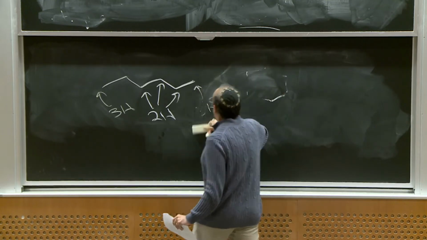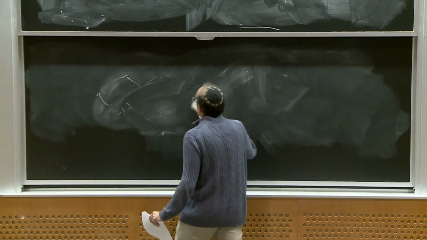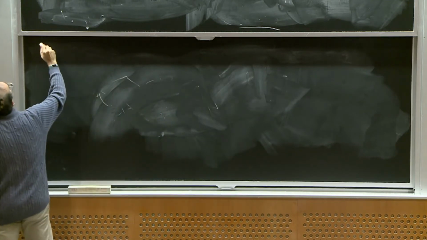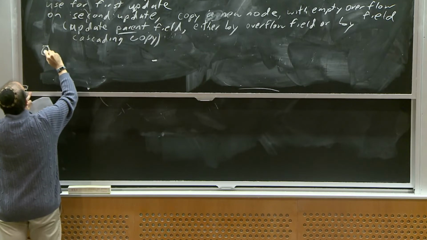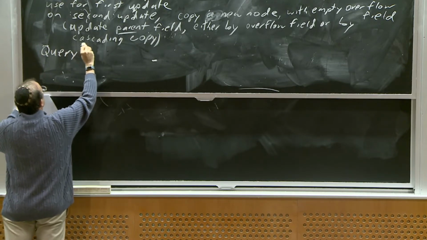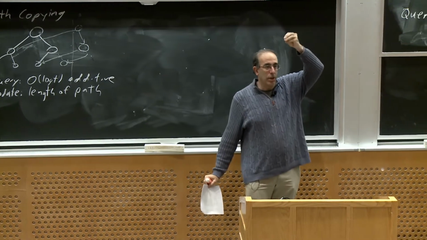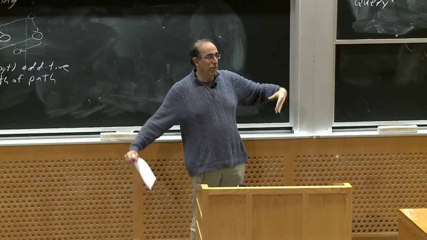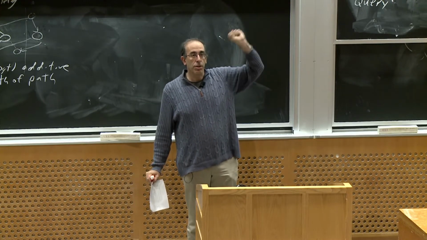So we've kind of worked out what's going to happen on updates. Let's think about how we will implement queries in this data structure. So again, a query involves starting at the root and walking down to find whatever node it is that we're looking for, which means we look at the values of certain fields, which may be pointers.